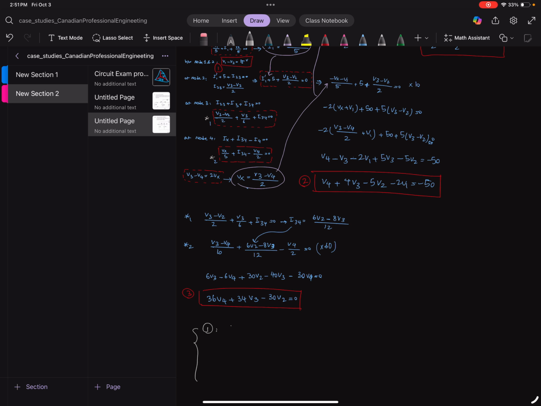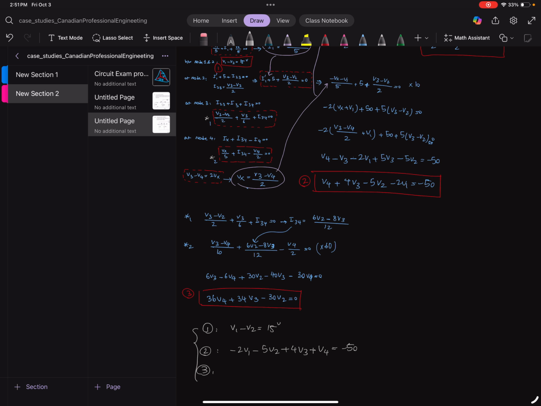Equation 1 tells us V1 minus V2 is 15 volt. Equation 2, I'm gonna start from V1 so we can see them correctly. For V3 plus V4 is minus 50.